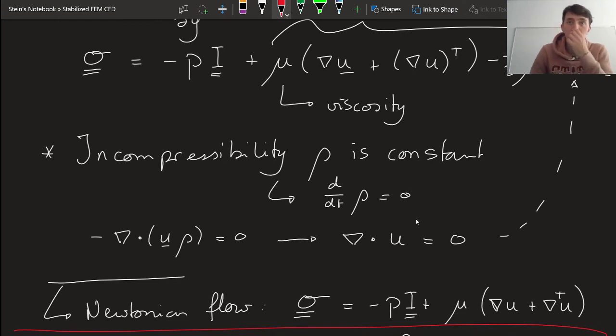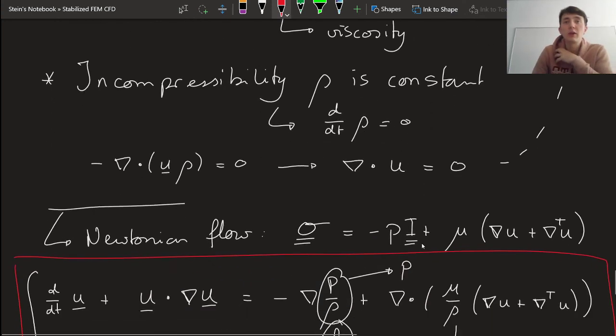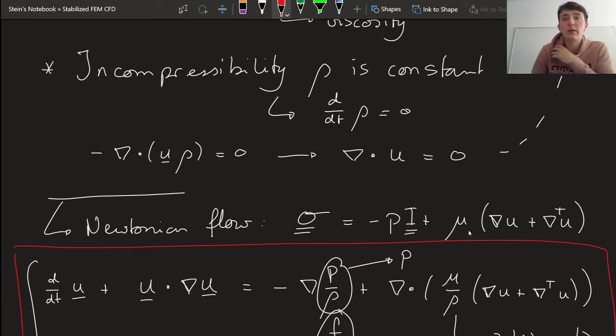Then if you move back in time a little bit, you will also notice that at some point I was writing this as twice mu times the symmetric gradient. That's another way of writing this. I think it's definitely worthwhile to have a look at these different notations and understand that they're all saying the same thing, because else you might get confused if you're not sufficiently familiar with that. You start reading into this and you get confused about why they can write these equations in multiple different ways.